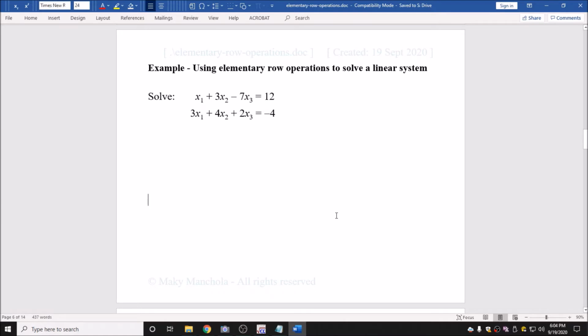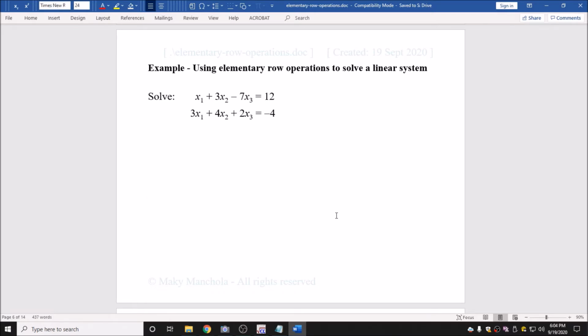Example, using elementary row operations to solve a linear system. So what we're going to do here in this example is do the familiar mechanics.